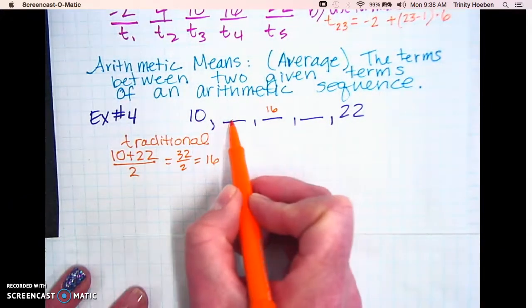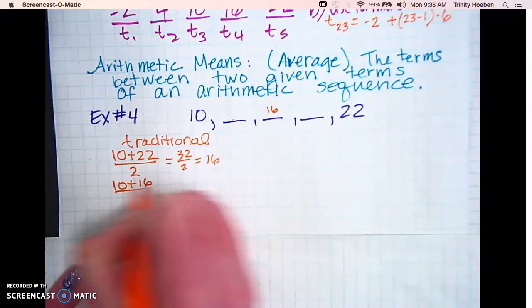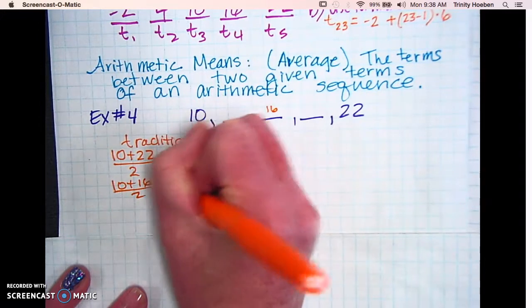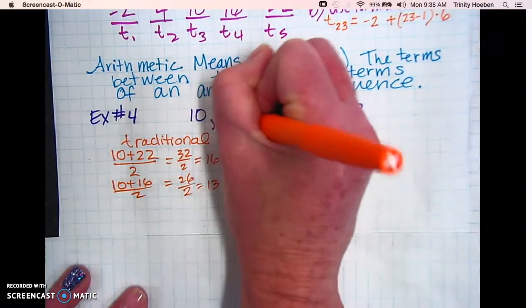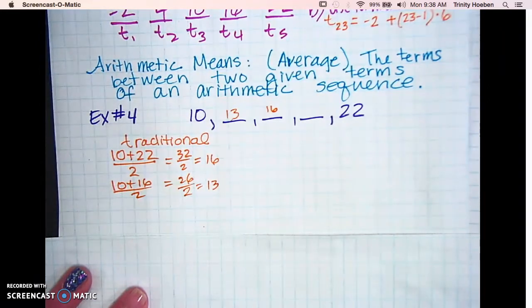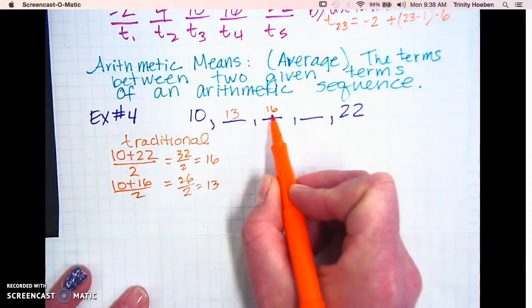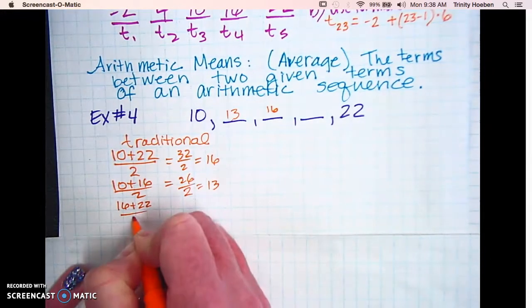Now we just need this number and this number. So to get this number, we're going to add 10 and 16. Then divide by 2. So 10 plus 16 is 26. Divide that by 2, and we get 13. So that number is 13. Then we just need this number right here. So now we're going to take 16 and 22, add them together, and divide those by 2.